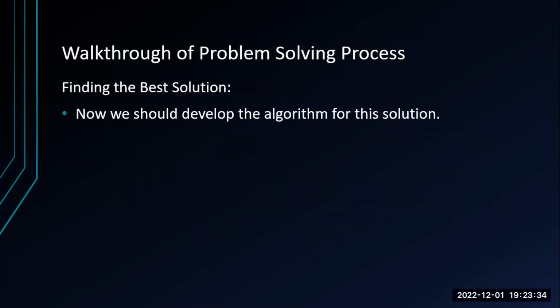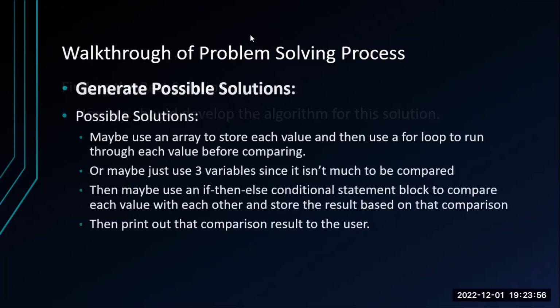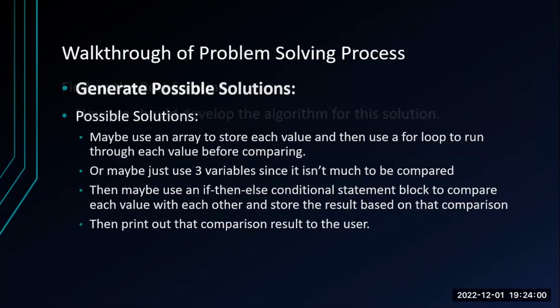So after we found the best solution, we should then develop an algorithm for the solution to this problem. Since we already did this, there is already an algorithm here. So here you can see the processing steps and the ideas in action.